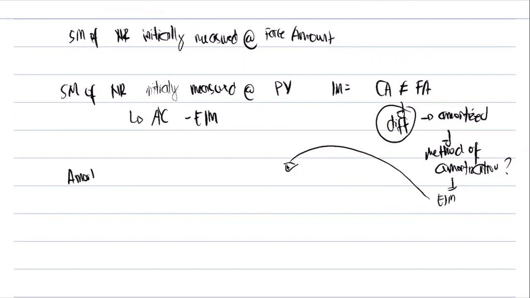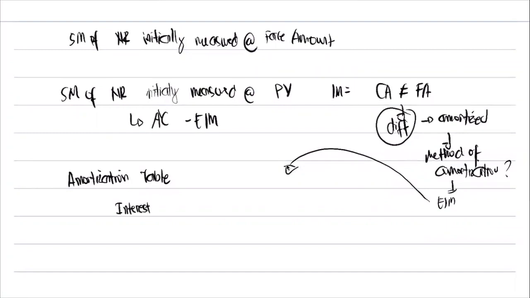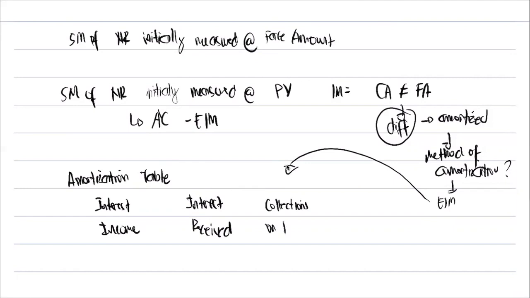We have here your interest income, then your interest received, and then your collections on principal.